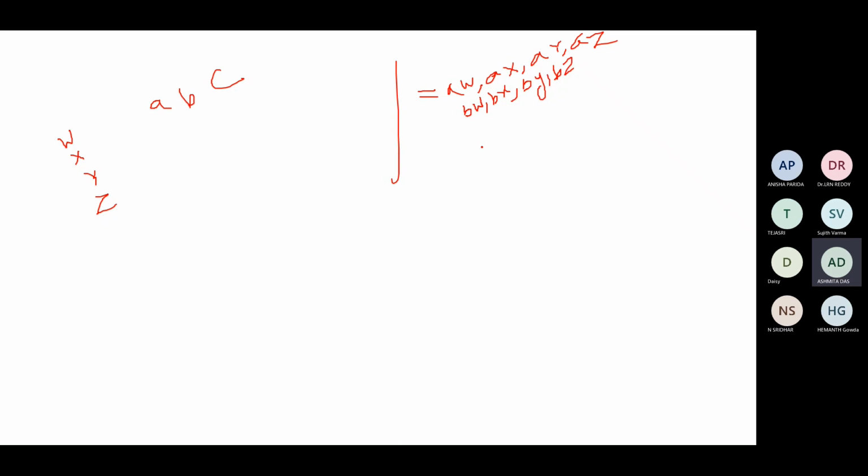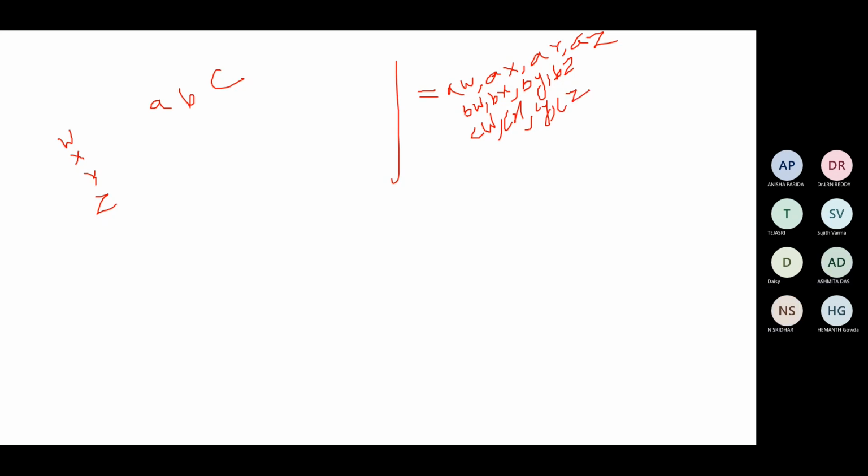Anyone else? The third set? CW, CX, CY, CZ.